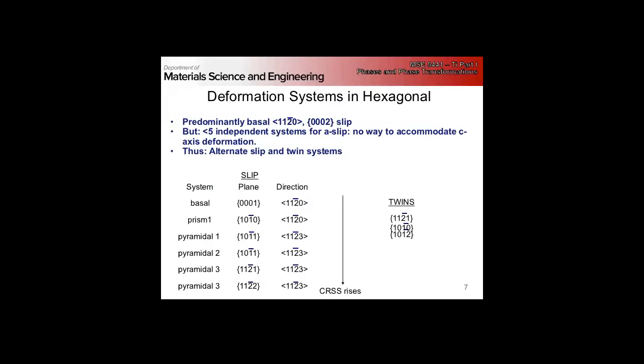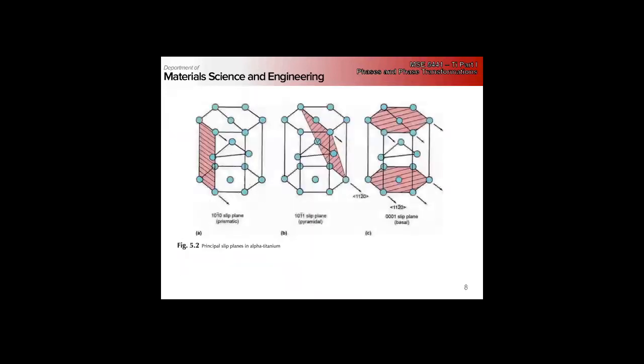HCP, things become a lot more complicated. We've got a lot of potential slip systems, right? If we just look at the crystal structure, we expect close packed plane along the close packed direction. So the most obvious intuitive slip system is going to be the basal slip system.